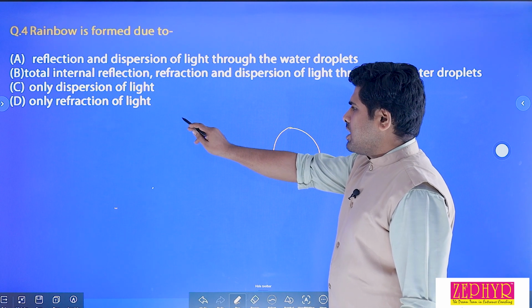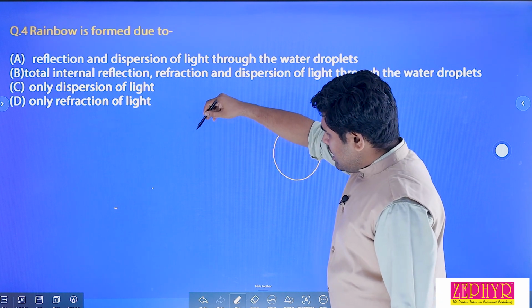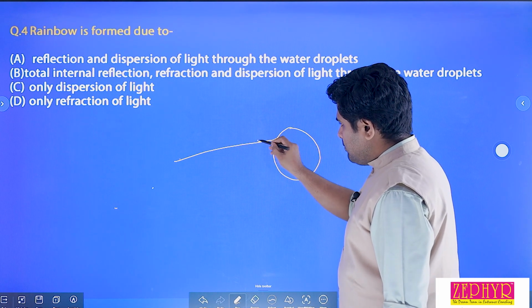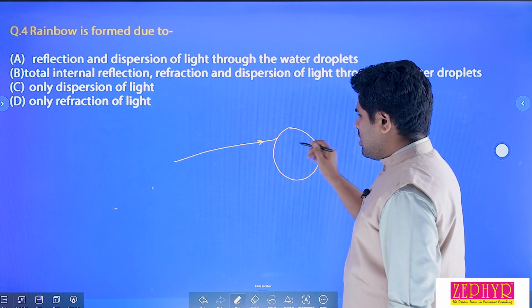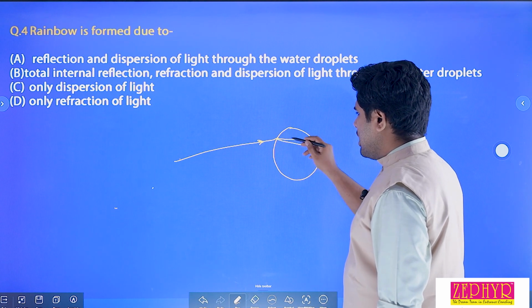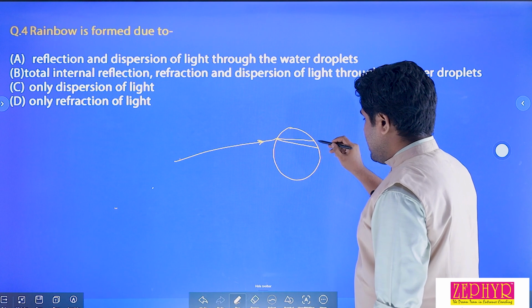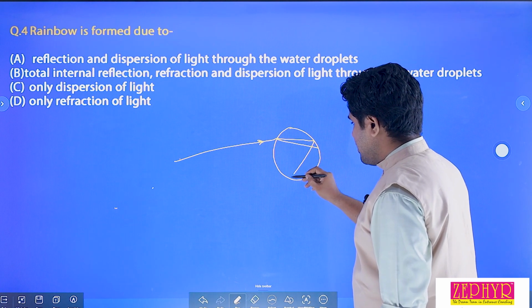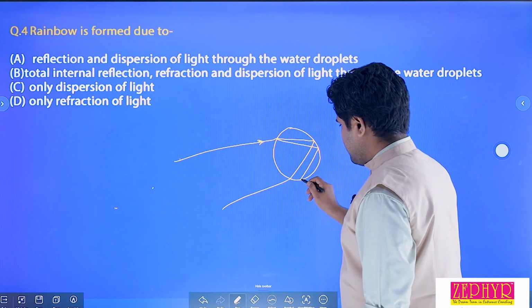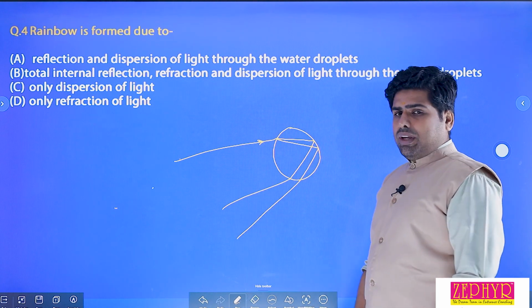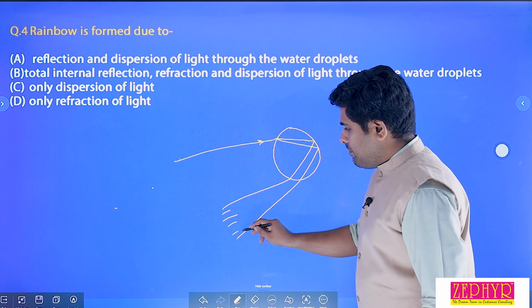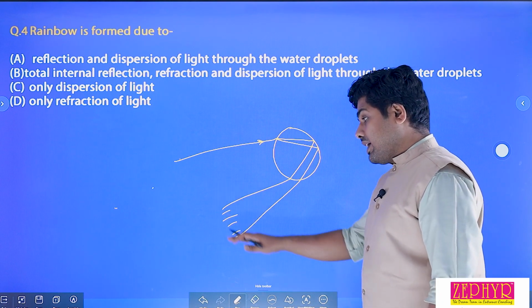When a light ray comes from the sun, it enters the water droplet, then it splits into constituent colors due to refraction, then it moves like this and creates a rainbow here, with different colors.